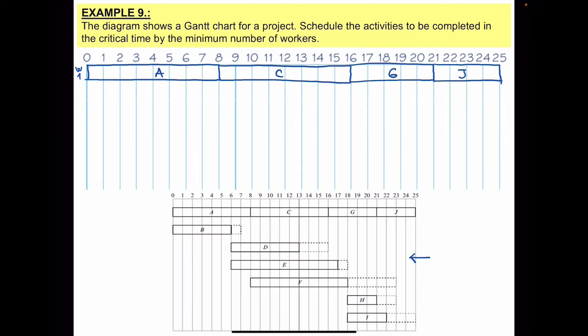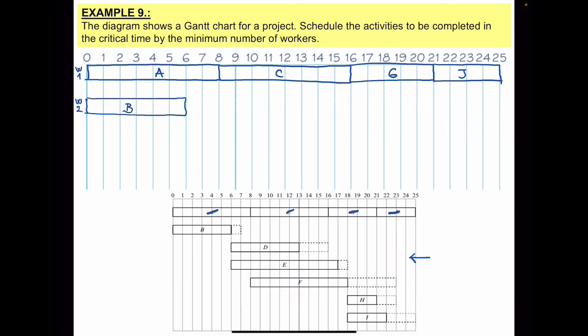Now, next one, I'm going to do worker number 2 here. So this is done, and now I'm starting with the B activity. So B activity is between 0 and 6. That would be the B activity.